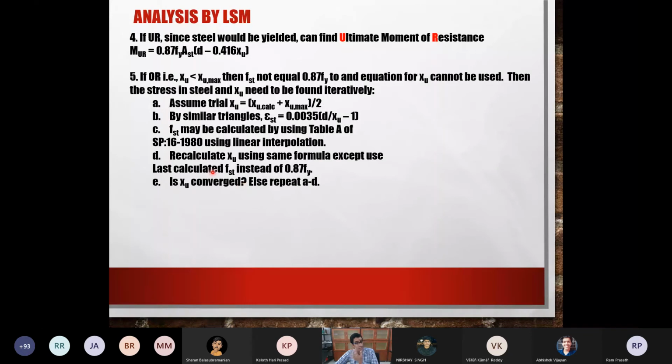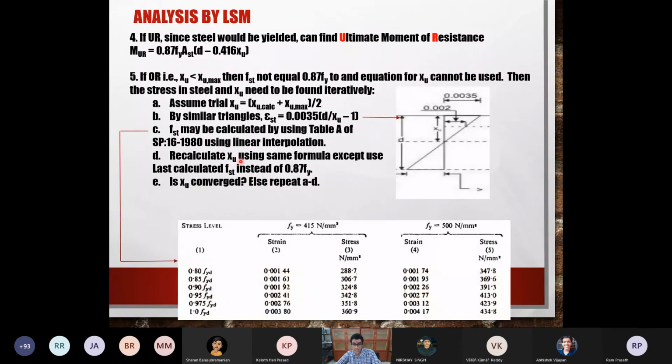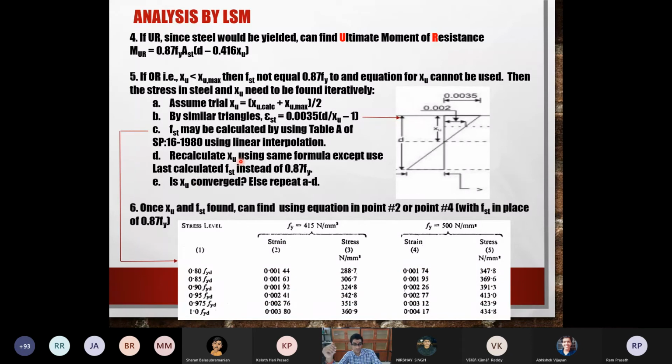You compare this XU with the XU which you had first. See if the difference is very small, is it converged? If the difference is more, repeat the process. If the difference is less, you assume that this is the final XU and this is the final FST in steel, and then based on that, you proceed to do the rest of the problem.